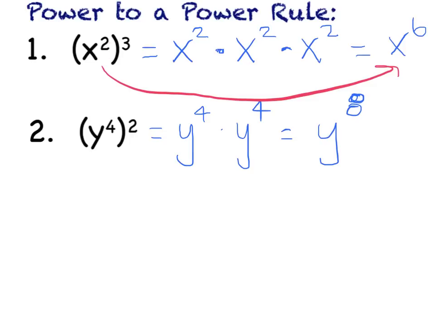So 2 times 3 is 6, 4 times 2 is going to give me 8. So a shortcut when you're using a power to a power rule, instead of showing all of this work, is to multiply your exponents. And again, this is only going to work because I've got the same base here.